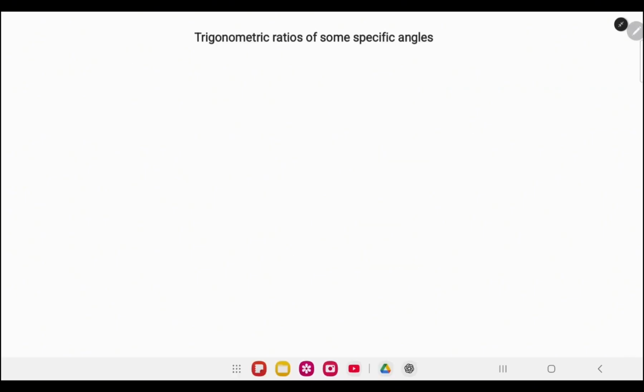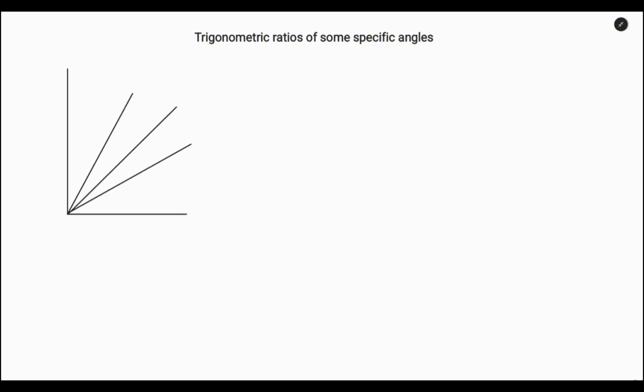Now we will come to trigonometric ratios of specific angles. Okay, so these are the specific angles: 0 degrees, 30 degrees, 45 degrees, 60 degrees, and 90 degrees.